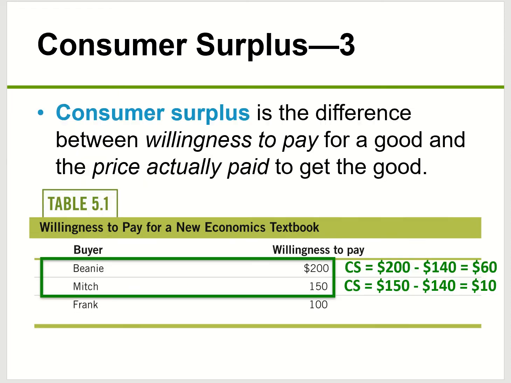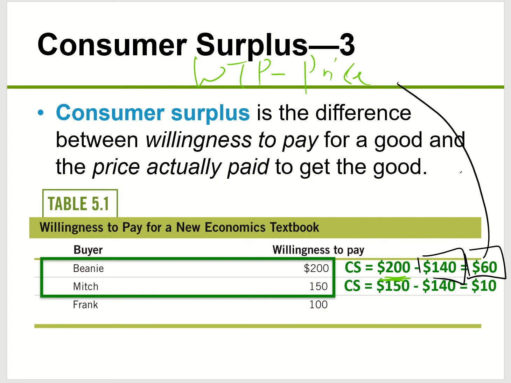For our consumer surplus, again, this will be your willingness to pay minus the price of the good. For our first consumer, Beanie, his willingness to pay is $200 and the price for the book is $140. So 200 minus 140, he would save $60, and that 60 is his consumer surplus. Mitch's willingness to pay was $150, and the price is $140, so he would save $10.